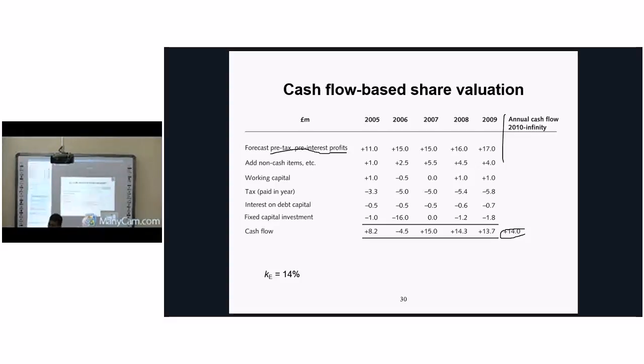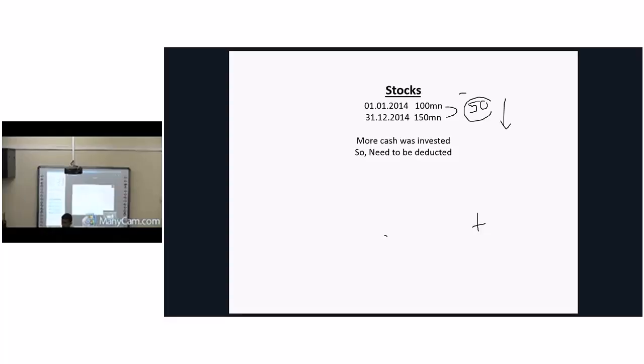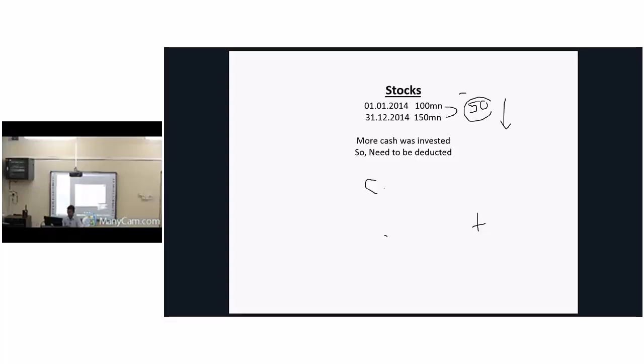But the current liability would be the opposite of that, right? So if you take an example, the same question, let's assume now instead of stocks we have current liabilities, where let's say the accounts payable is 50 million at the beginning, and at the end of the year it has become 80 million.